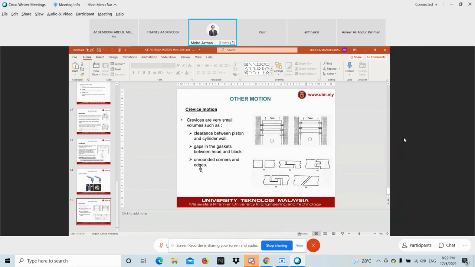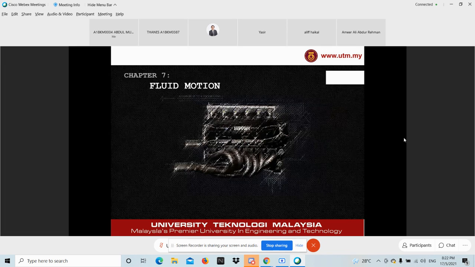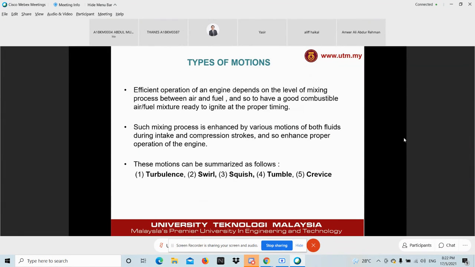Just to summarize everything back. Under the fluid motion, you need to understand there are 5 types of motions. We have turbulence, swirl, squish, tumble, crevices. You should be able to describe and illustrate these motions.